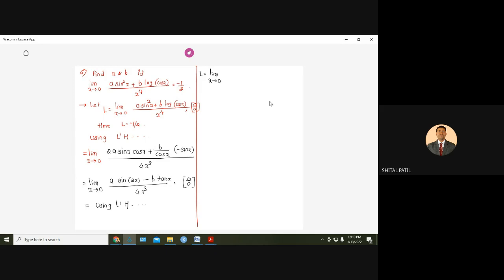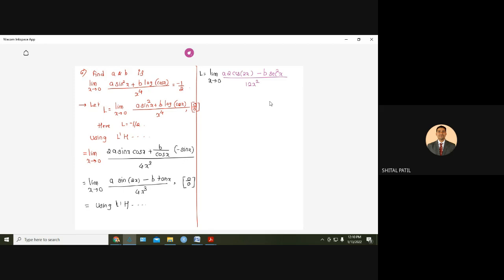So the derivative is 2a cos of 2x minus b sec square x, divided by 12x square.